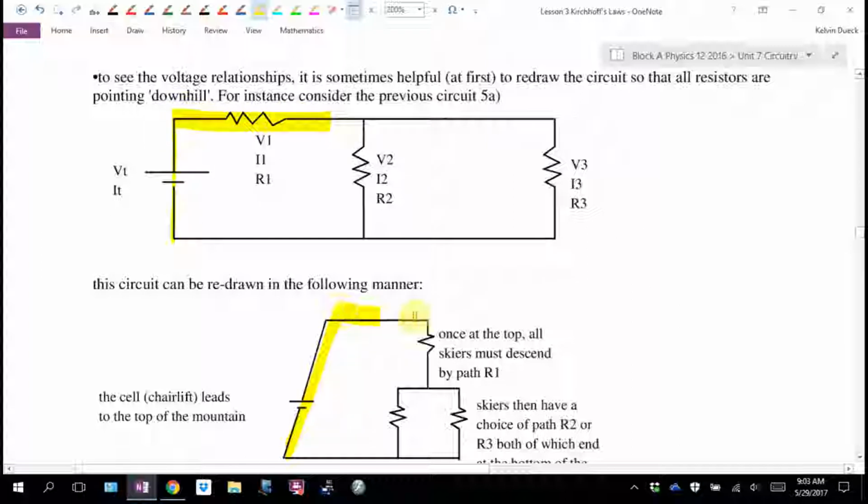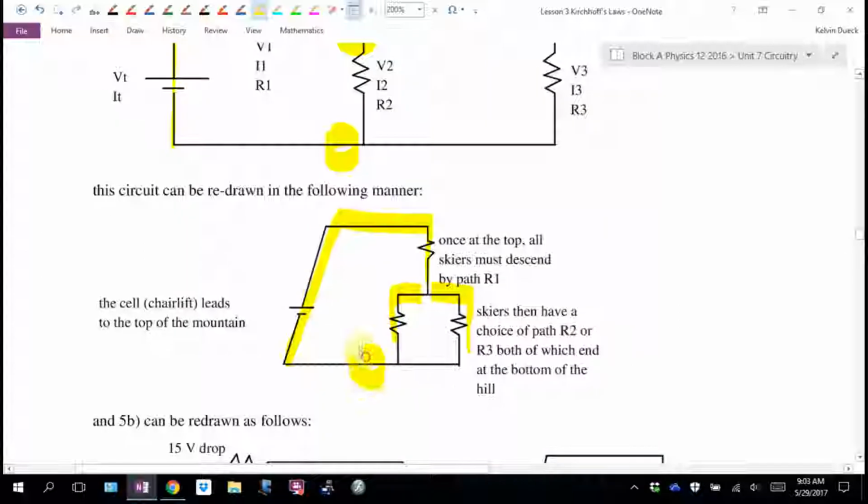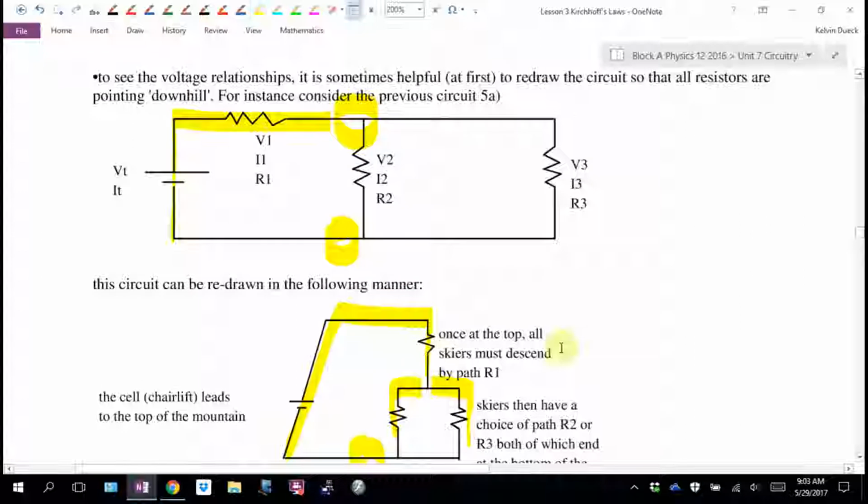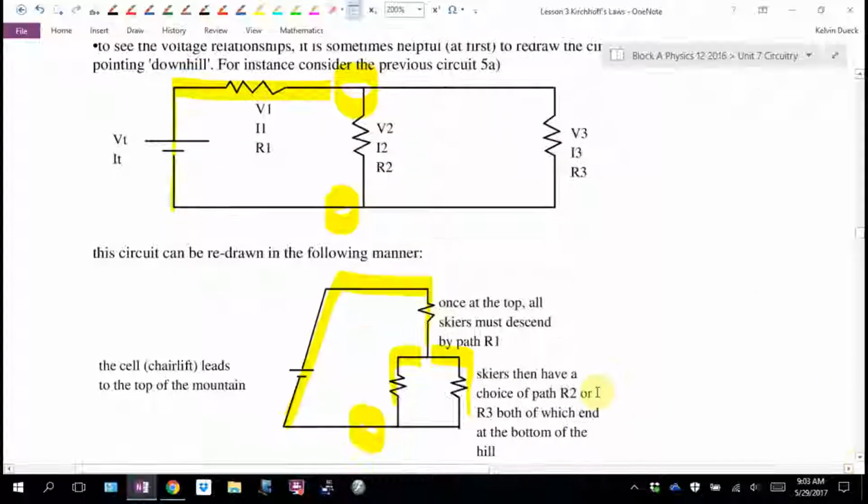Then here's the junction where we split up, and it looks like everyone meets up right there. I'm not wild about that, but if you find that more helpful, go ahead. I encourage you, though, just put arrows in and get used to moving your eyes around.